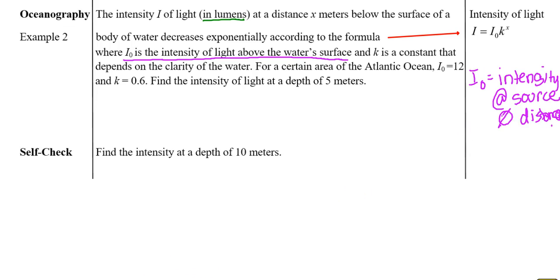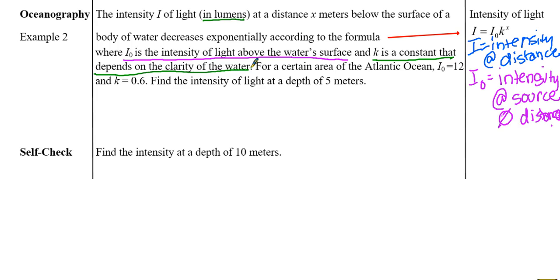And then our I will be the intensity at a distance away. How far? It's our intensity at a certain distance away. We're also going to be talking about k, and k is the constant that depends on the clarity of water.